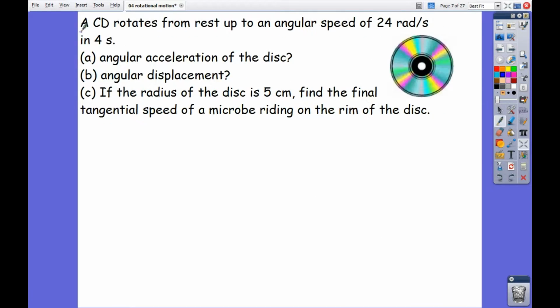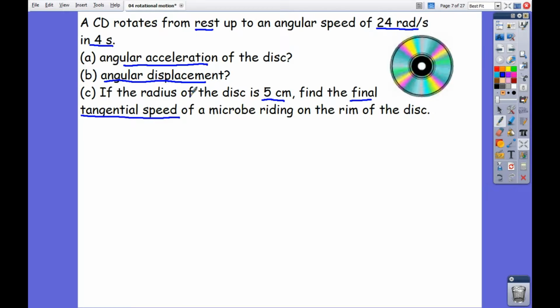Example here: a CD rotates from rest up to an angular speed of 24 radian per second in 4 seconds. Find the angular acceleration of the disk. Find the angular displacement. And then, if the radius of the disk is 5 cm, find the final tangential speed.